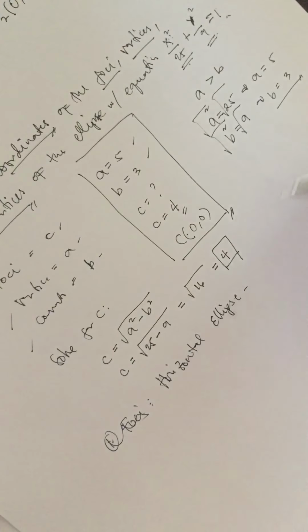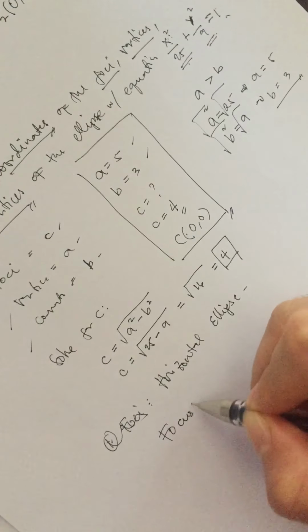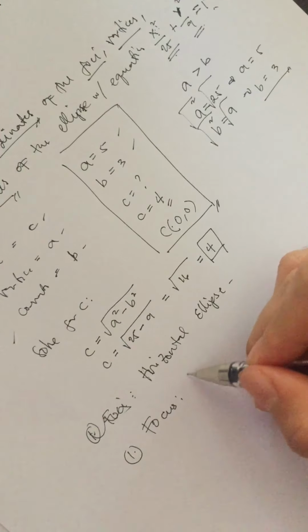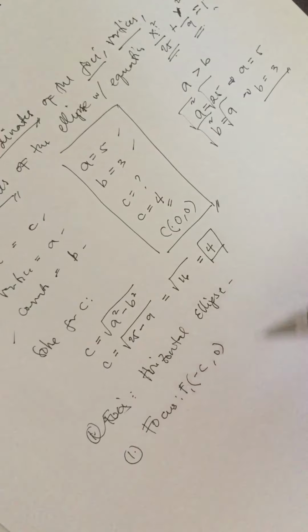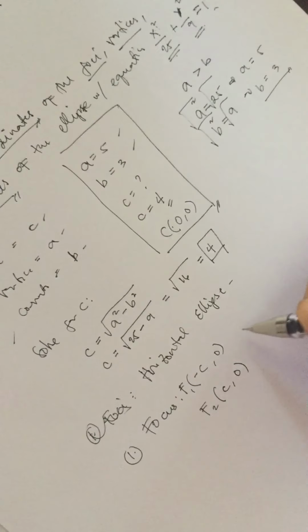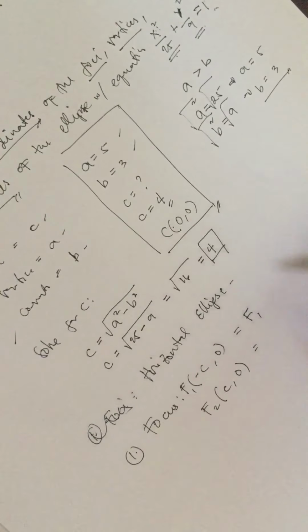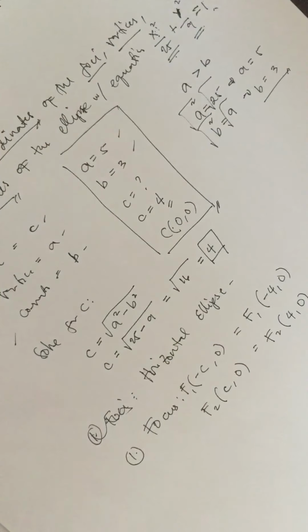Since it is a horizontal ellipse, we follow the formula for the foci. What is the formula for the focus? When horizontal, focus 1 would be negative c, 0. Focus 2 would be positive c, 0. So, our focus 1 would be, what is c? Negative 4, 0. Our F2 would be 4, 0.